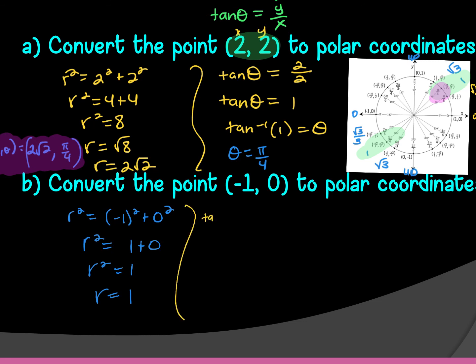Then tan of theta would equal 0 over negative 1. What's 0 divided by negative 1? Zero, good. So then I'm going to find tan negative 1 of 0. So where on my unit circle is tangent 0? I'll give you a hint. There's 2 answers.